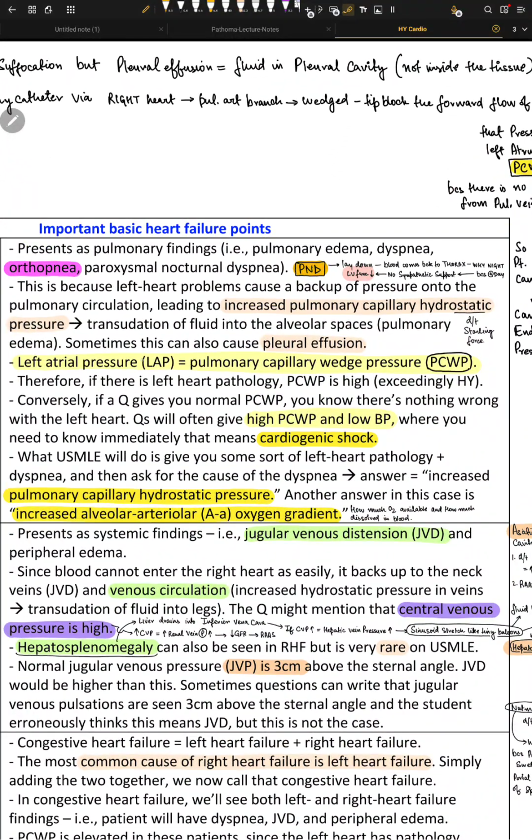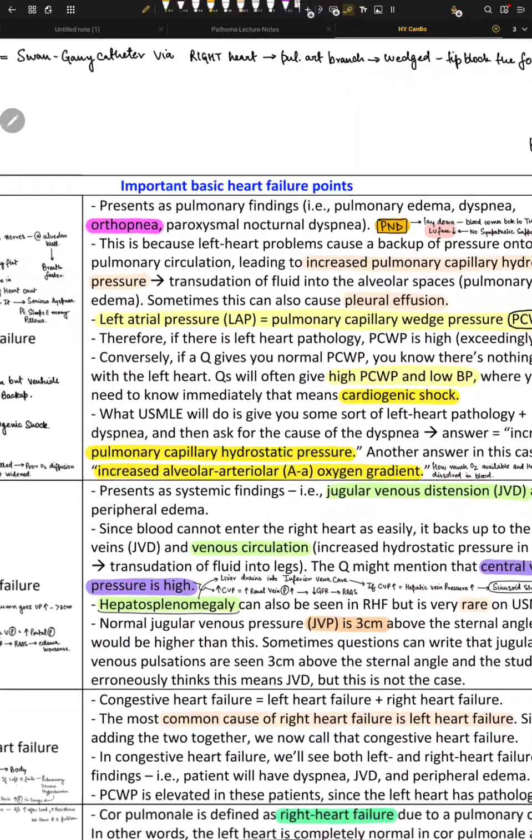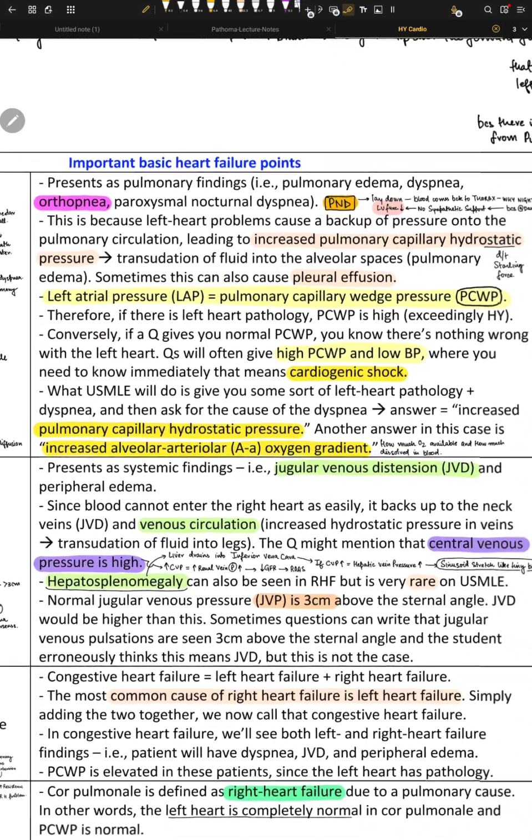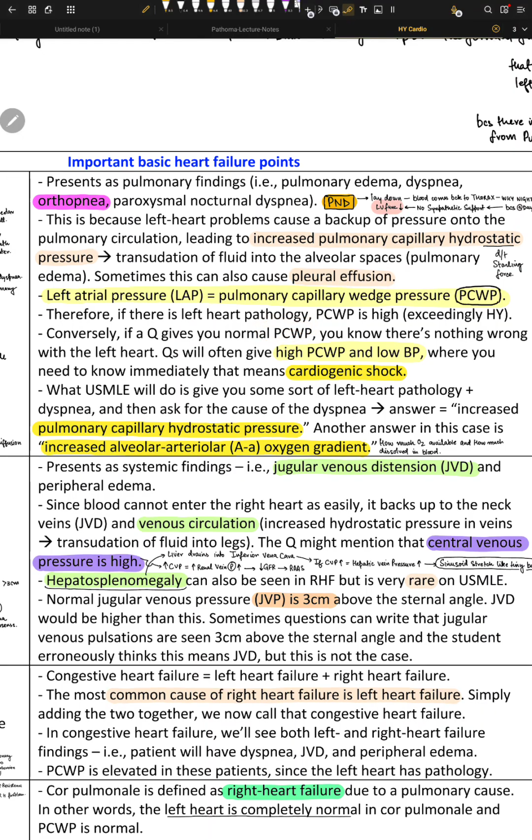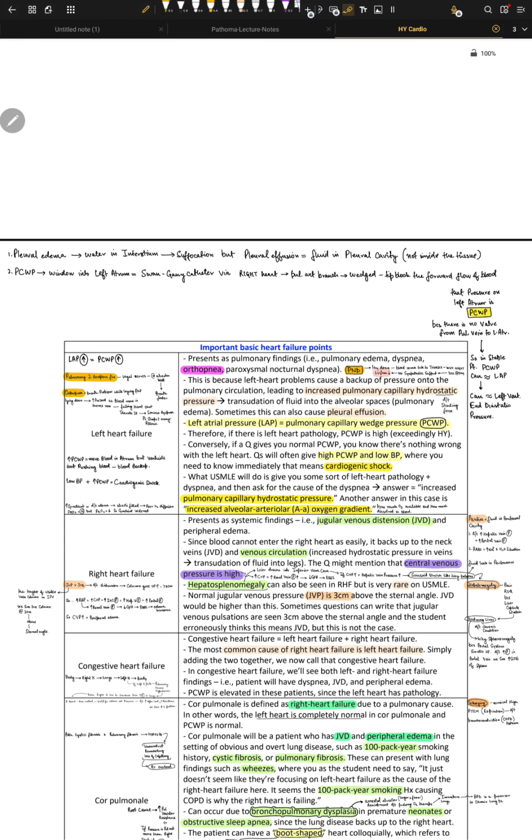Therefore, if there is left heart pathology, PCWP is high, exceedingly high, really high yield. Conversely, if the question gives you a normal PCWP, it means there is nothing wrong with the left heart, of course. The question will give you high PCWP and a low blood pressure. Now low blood pressure, you need to know immediately that this means cardiogenic shock. Why?